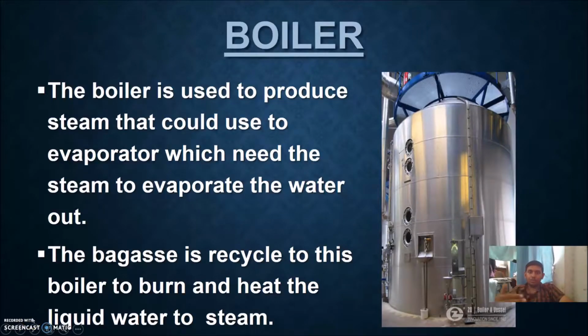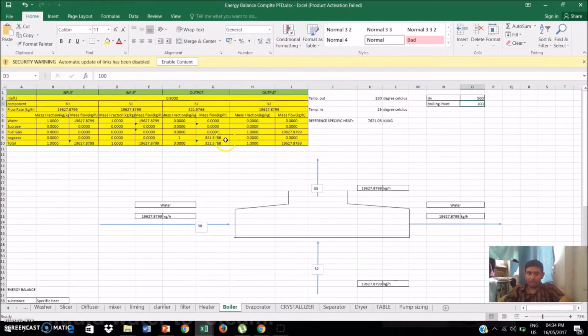Okay, let us go to the next unit operation, which is the boiler. This boiler is basically used to produce steam for the evaporator, which needs steam to evaporate the water out. The bagasse is recycled to this boiler to burn and heat the liquid water into steam. This boiler has 4 streams: 2 streams are input and 2 streams are output.